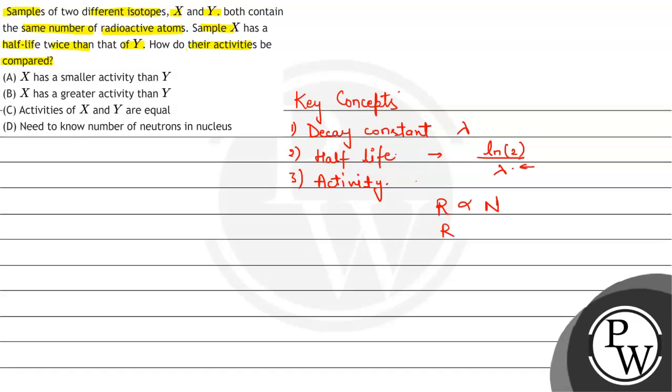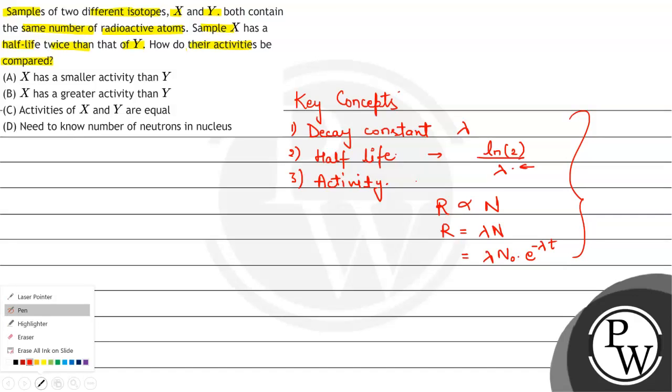Here the proportionality sign converts to equality sign when the decay constant comes into picture. Hence R is equal to lambda N, and N can further be said N naught into e to the power minus lambda t. So keeping these concepts in mind, we can further go into our solution.